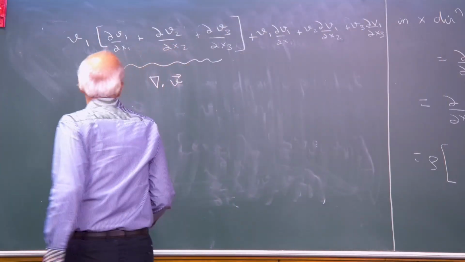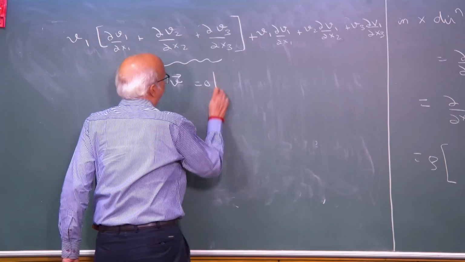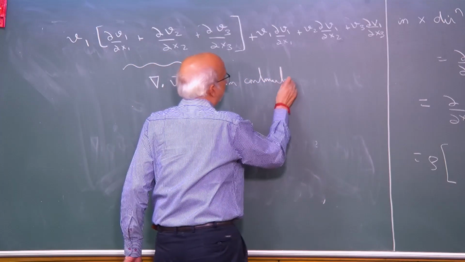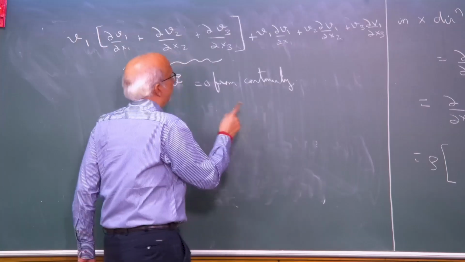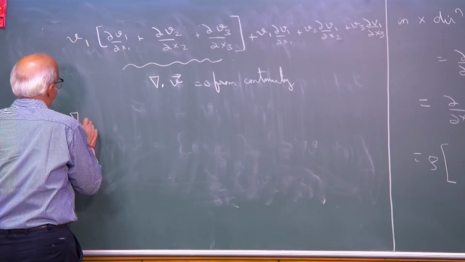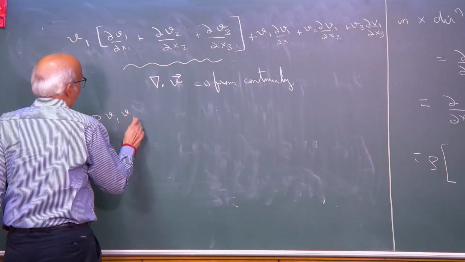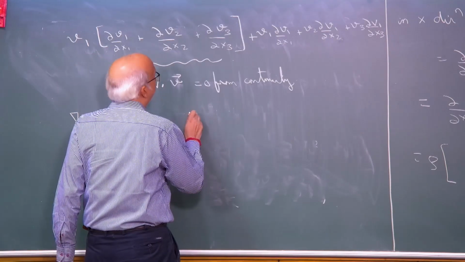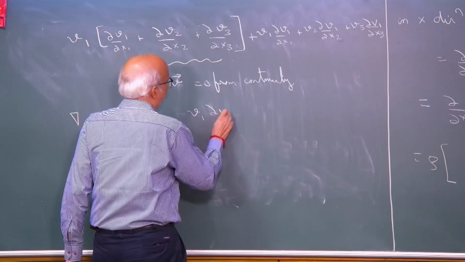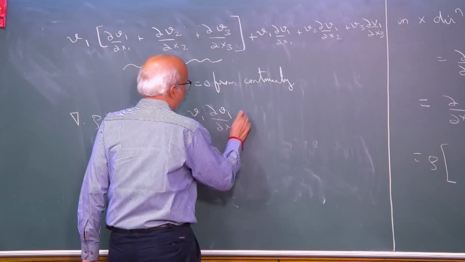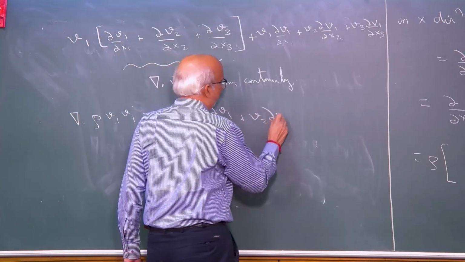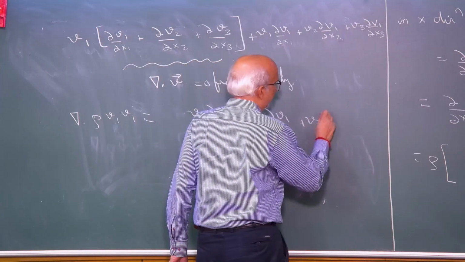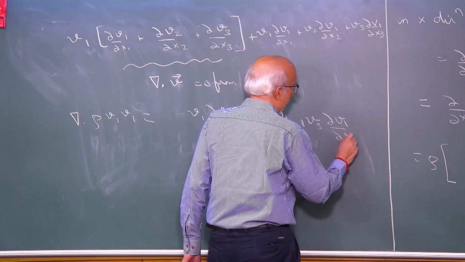This is equal to 0 from continuity. And so, basically divergence of rho V1 V1, one way to write it is V1 dV1 by dx1 plus V2 dV1 by dx2 plus V3 dV1 by dx3.